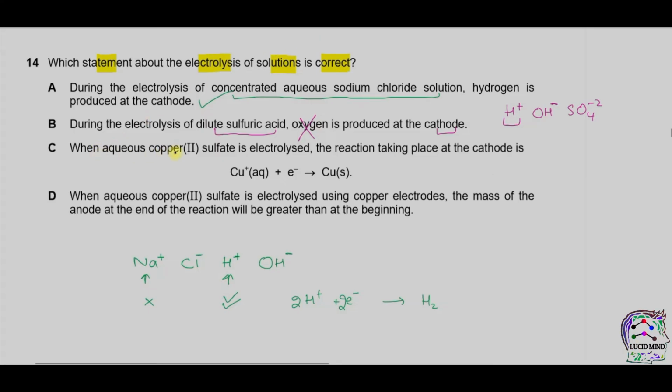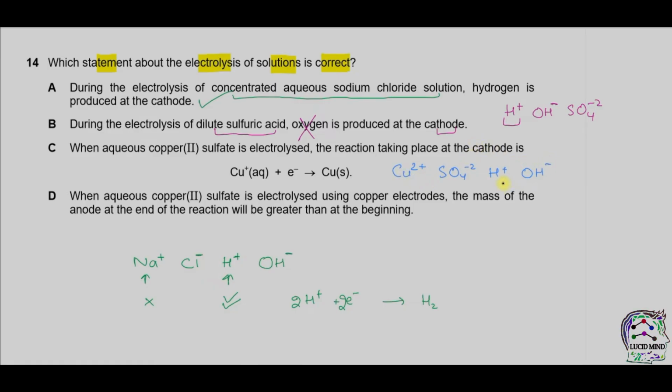Option C. When aqueous copper 2 sulfate is electrolyzed, the reaction taking place at the cathode is this one. Let's see what ions are present in aqueous copper 2 sulfate. We have copper 2 positive, sulfate 2 negative, H plus as it is aqueous, OH negative is also present. So cation moves towards cathode.